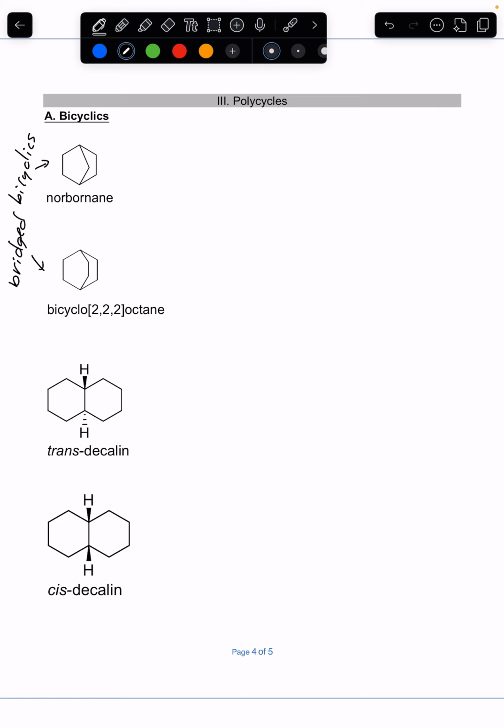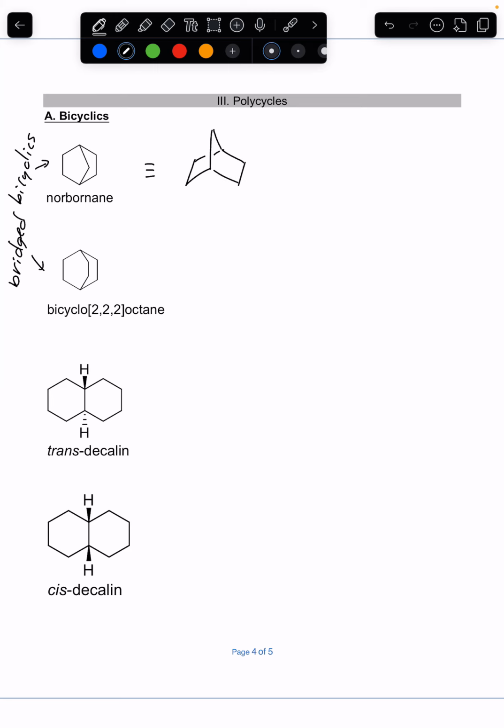And the top one has a common name called norbornane. And this has the same structure as that. Hope that makes sense to you.